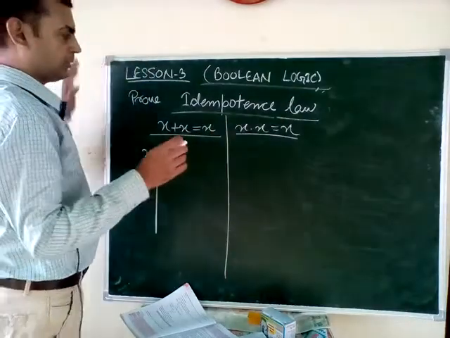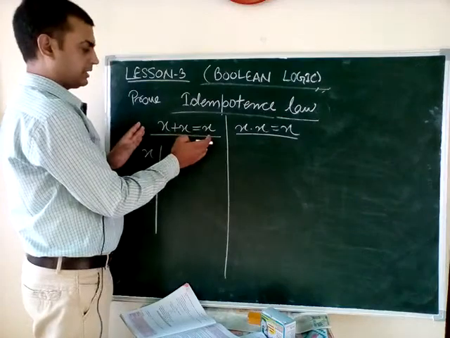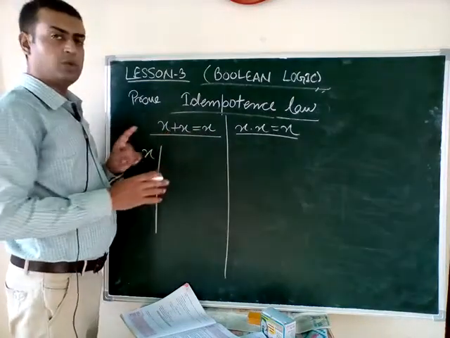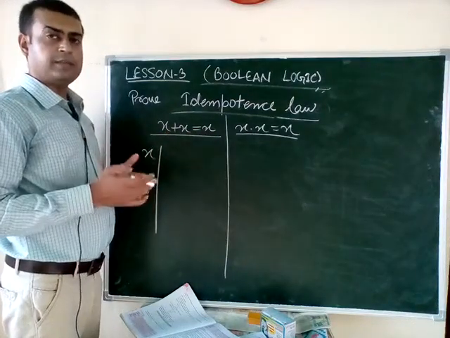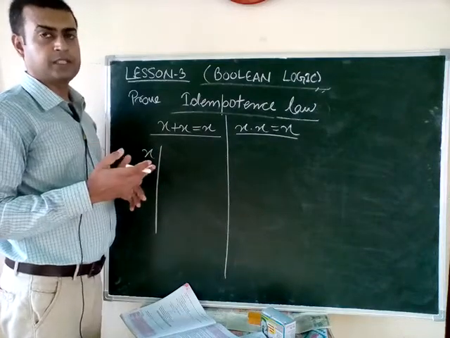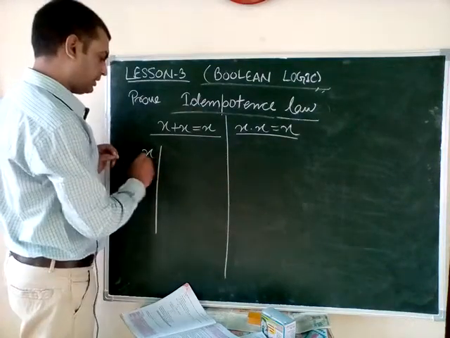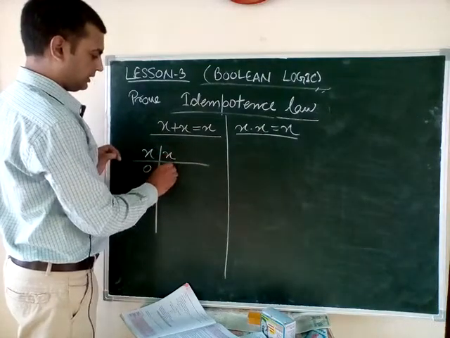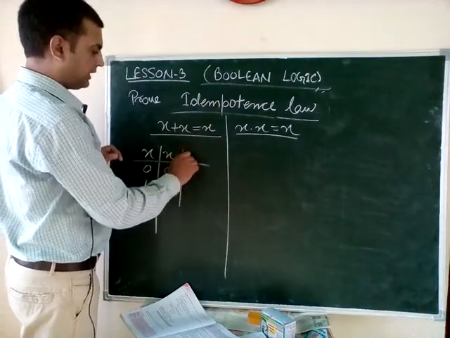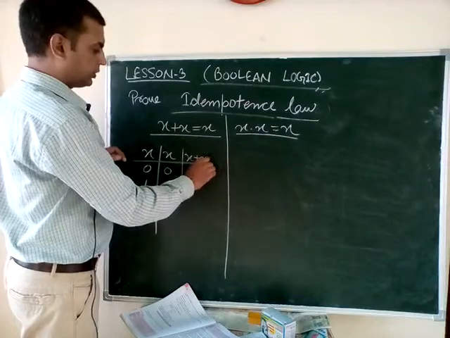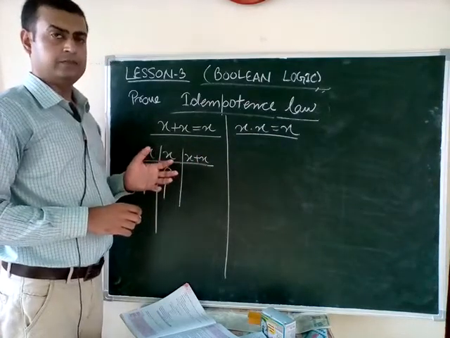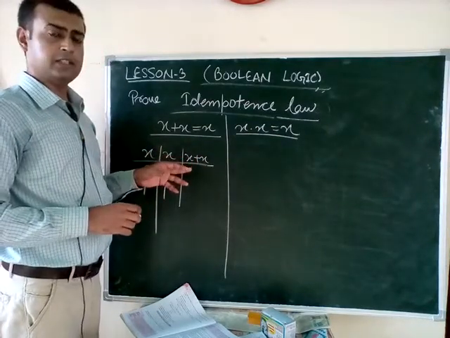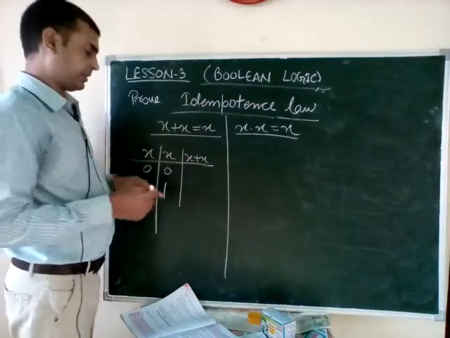In this you have to remember how many variables are present. x, x, x, only one variable. One variable means two input conditions, 0 and 1. So if you are adding x plus x, in our logic, if any one is 1, then you have to give 1.